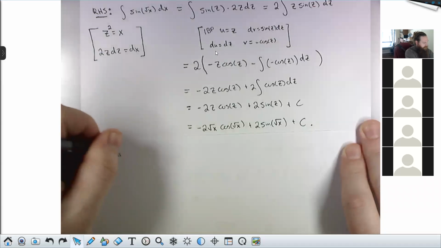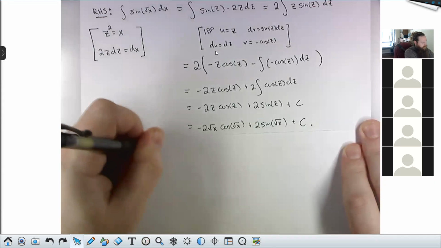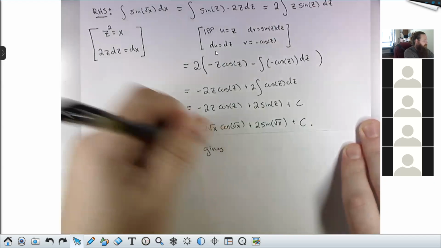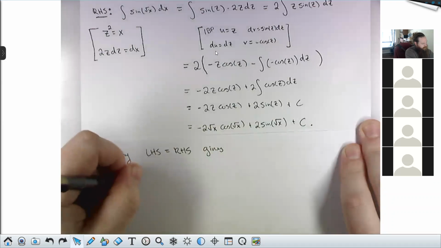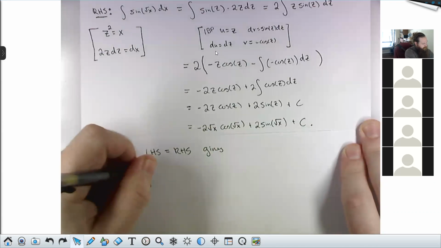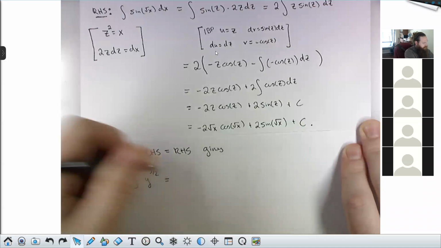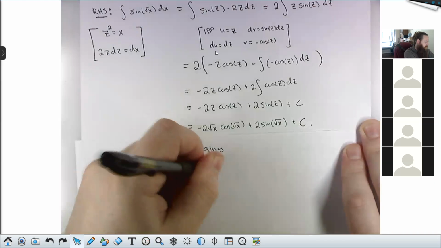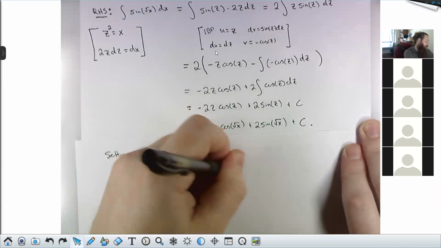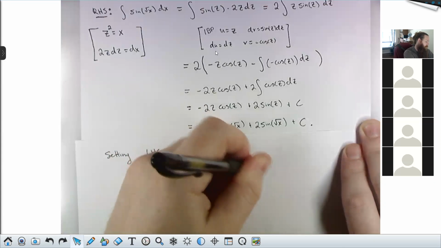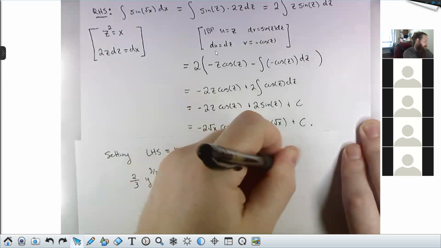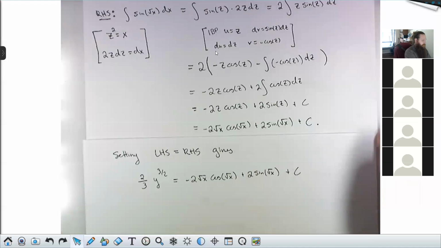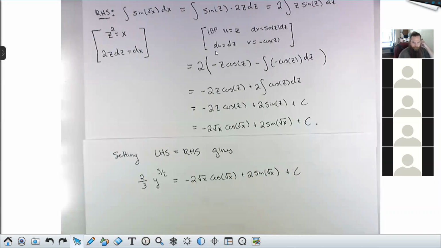Setting LHS equal to RHS gives 2/3 y to the 3/2 equals negative 2 square root x cosine square root x plus 2 sine square root x plus c, which we can solve for y.